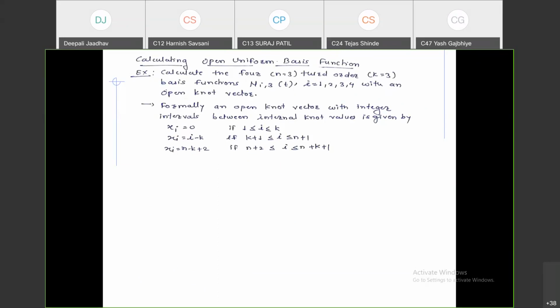So here, how to identify the knot vector? For that we need this formula. Now I am going to write here.